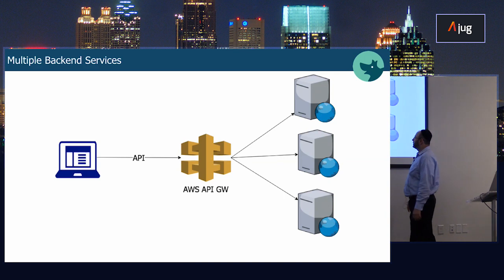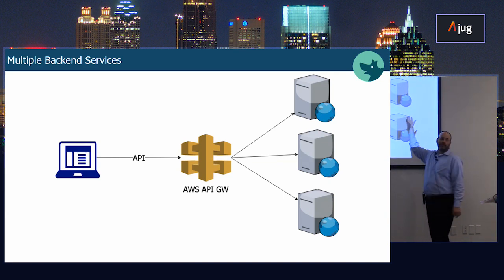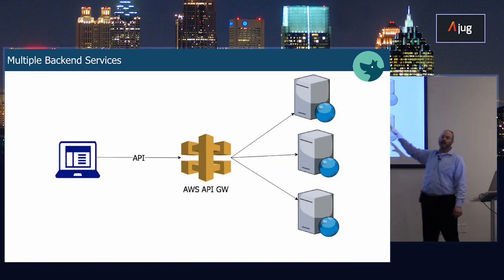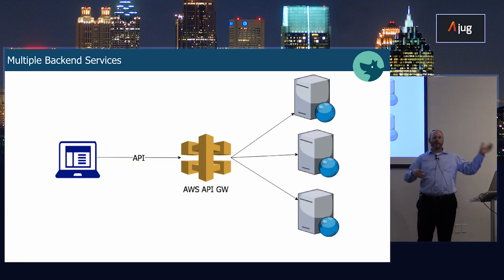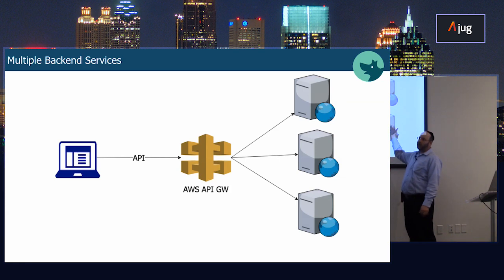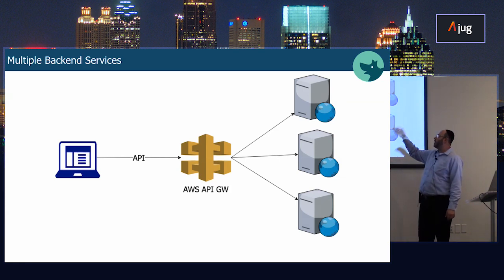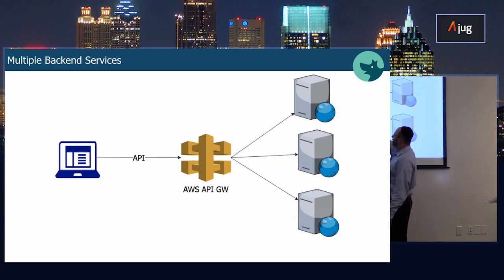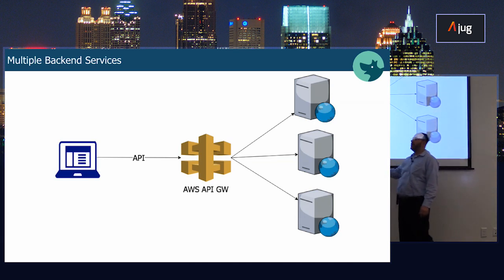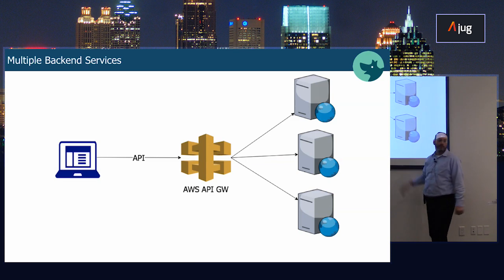Here's another use case. Imagine you've got multiple services on the back end, but to the client, you'd like to abstract that into one nice, clean API. And so, as we all know, as services grow, sometimes different teams are working on them. And so you might have a bunch of different services, but again, you want to abstract that all the way to the client. And so you could provide this definition of one nice, clean API, which is fronting a number of services.